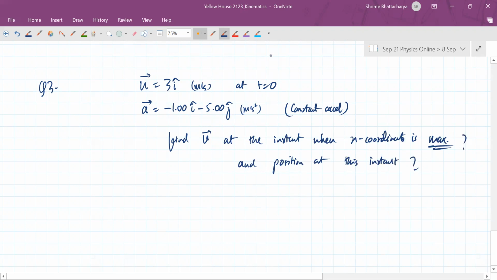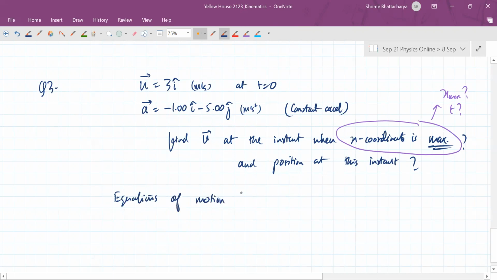So basically, we have to find the maximum of the x coordinate first of all, and the time at which this is occurring, that x is equal to x maximum. For that, you have to start with writing the equations of motion.